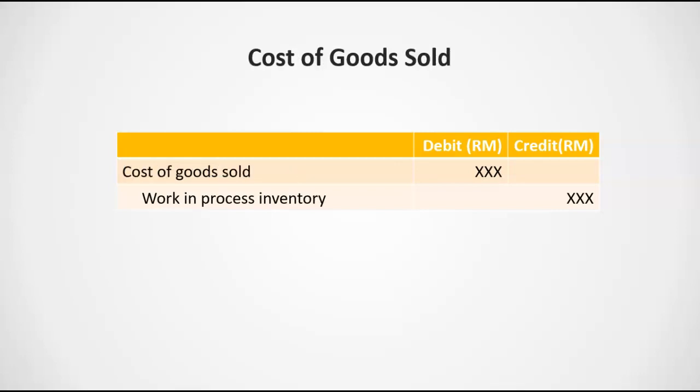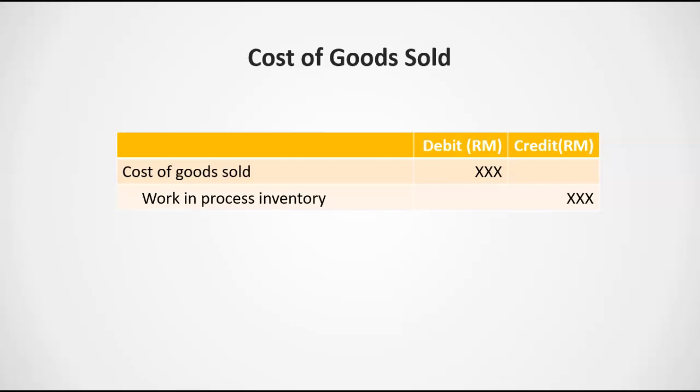Once you have your finished goods and you want to sell them, you will document it as cost of goods sold. The cost of goods sold refers to the finished goods value that are being sold to the customers. When sales of goods happen, its cost amount, referring to cost of goods sold, is reflected in the income statement.